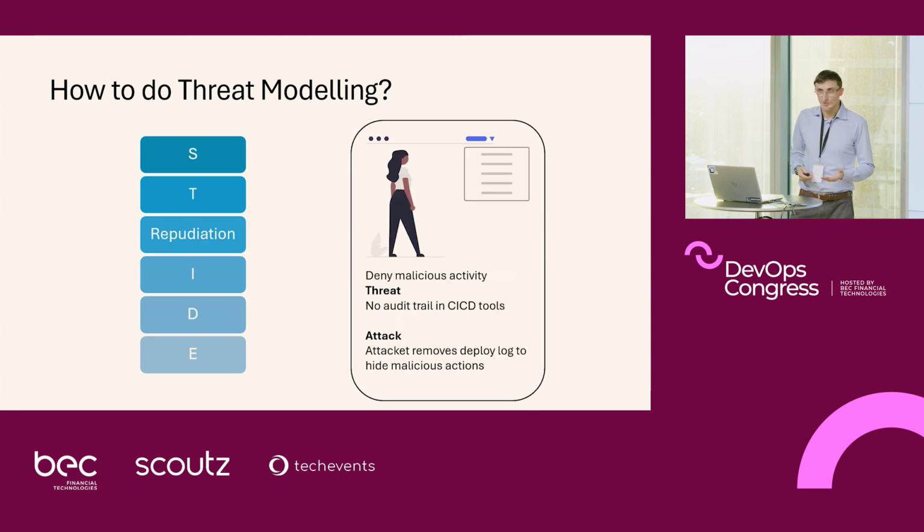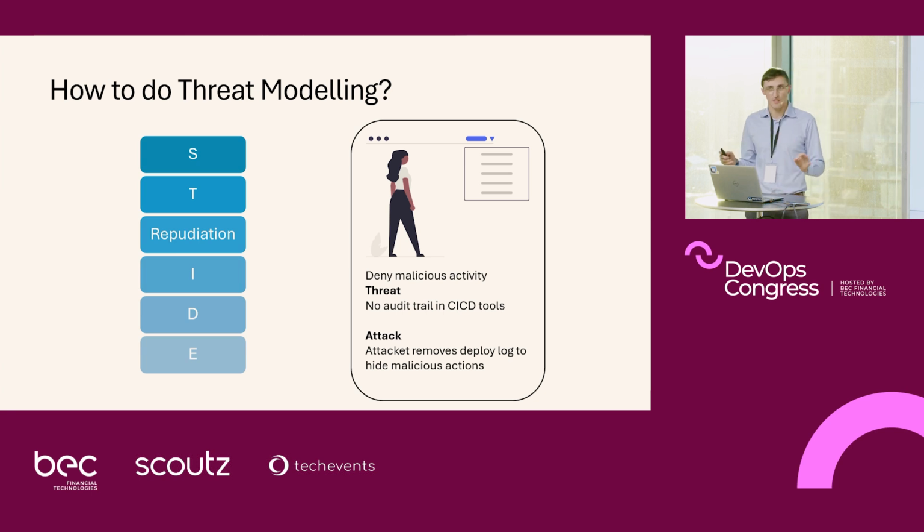The next threat category is repudiation. This is not a very obvious one. It's a threat related to denying some malicious activity. For example, in the continuous integration tools we don't have any audit trails, any history of who did what and when in the systems.